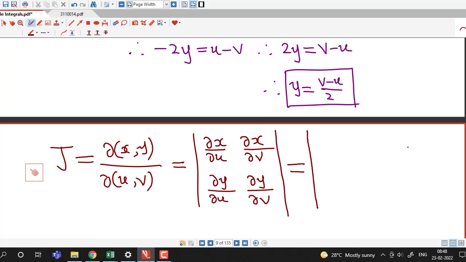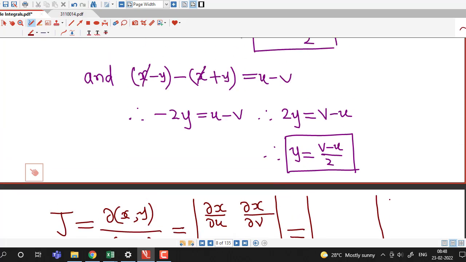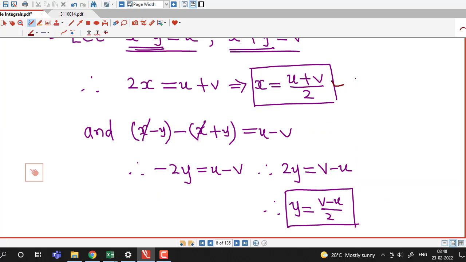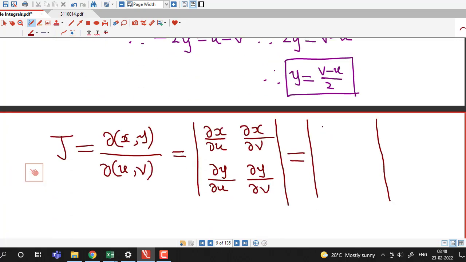Now we are having expressions of x and y in terms of u and v. So from this we can see the partial derivative of x with respect to u will be 1 by 2, and same for del x by del v. Del x by del u is 1 by 2, and del x by del v is also 1 by 2.